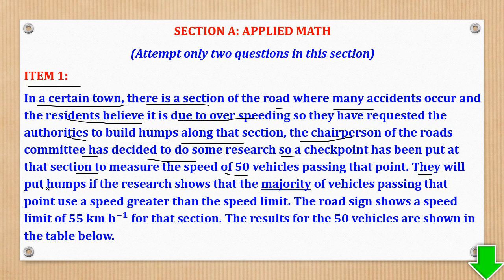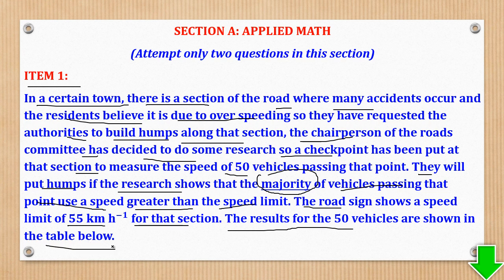They will put humps if the research shows that the majority of the vehicles passing that point use a speed greater than the speed limit. The road sign shows a speed limit of 55 kilometers per hour. For that section, the results for the 50 vehicles are shown in the table below.